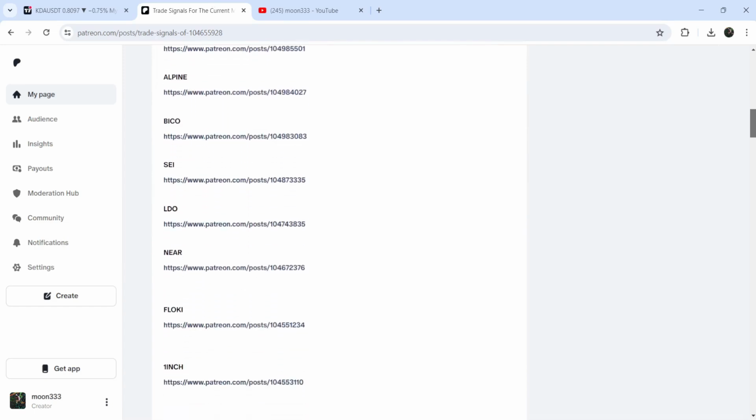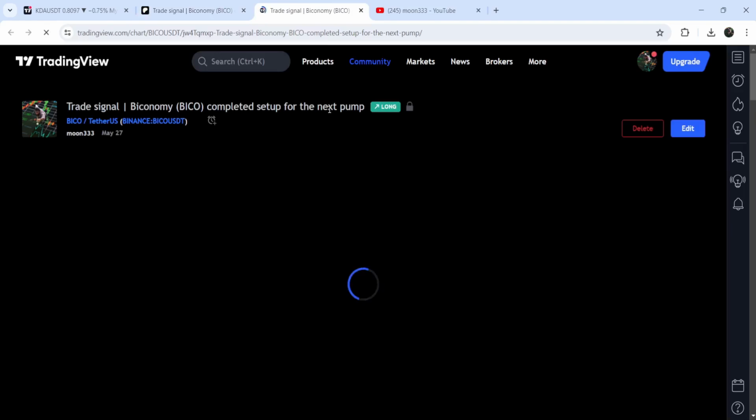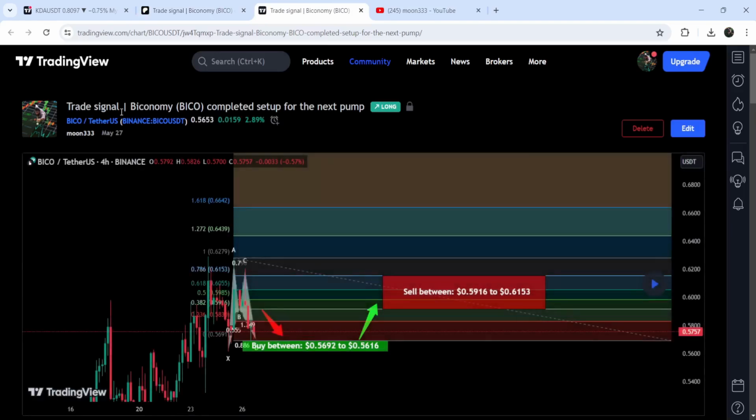And if you would like to check or verify any trading signal like the trade setup for BICO Finance, you just need to click on the link for the trade setup and it will take you to the TradingView chart. And by the way, this is the chart of Biconomy. And over here, you can see when I shared this signal. For example, in this case, I shared the signal on 27th of May 2024.